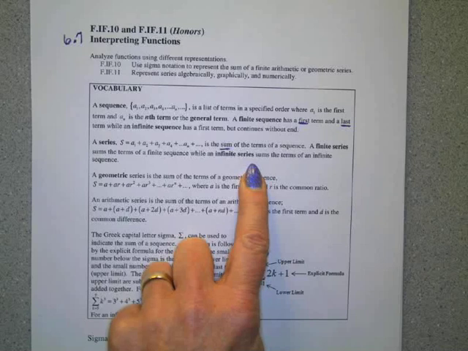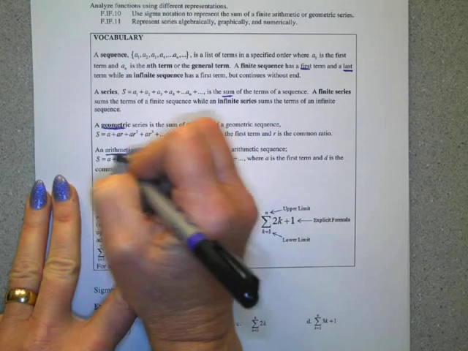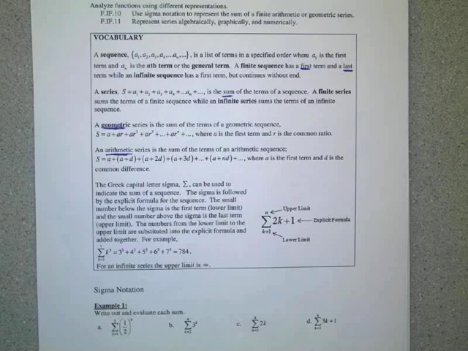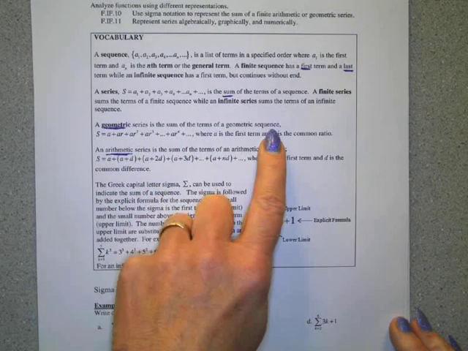Now from last year you studied two different types of sequences: geometric sequences and arithmetic sequences. A geometric series is the sum of the terms of a geometric sequence.